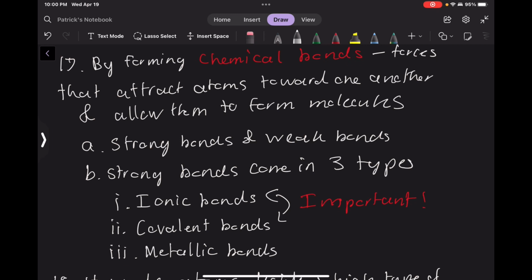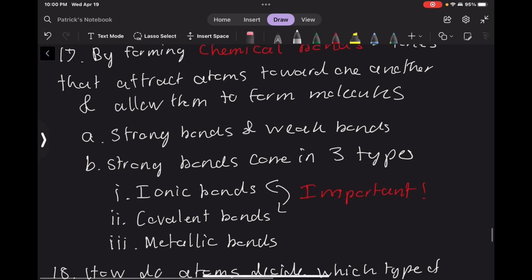There are three types of strong chemical bonds that can form between atoms: ionic bonds, covalent bonds, and metallic bonds. Ionic bonds and covalent bonds are the two types that will be most frequently encountered in general chemistry, and metallic bonds will unfortunately fall to the wayside as we move forward in this series.